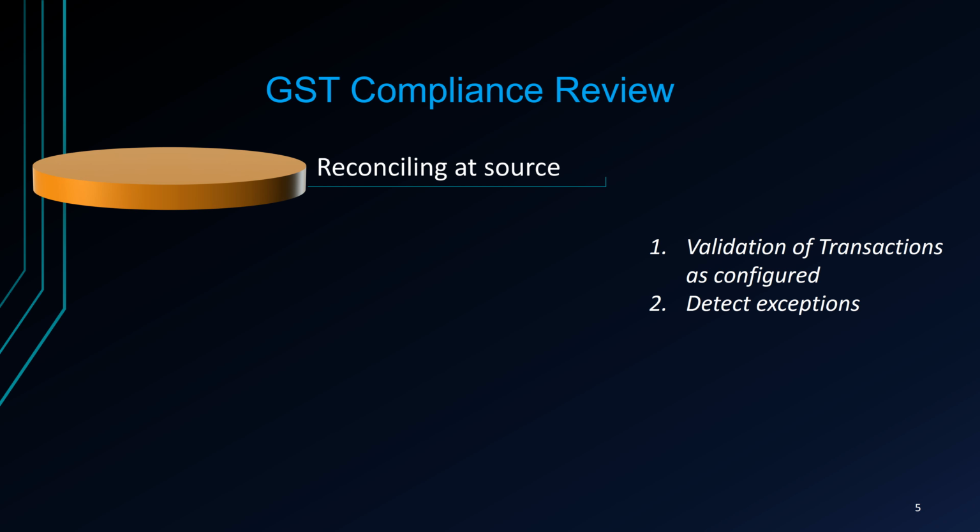Is there a detection mechanism for all these exceptions? Is there a method by which seamless corrections can happen? And lastly, the filing software, whether external or internal to the software, has it been properly configured to capture the necessary transactions required for the filing.